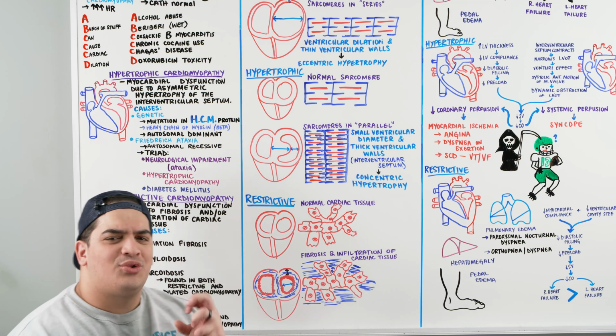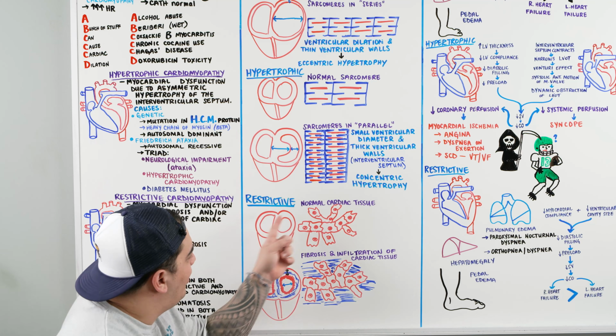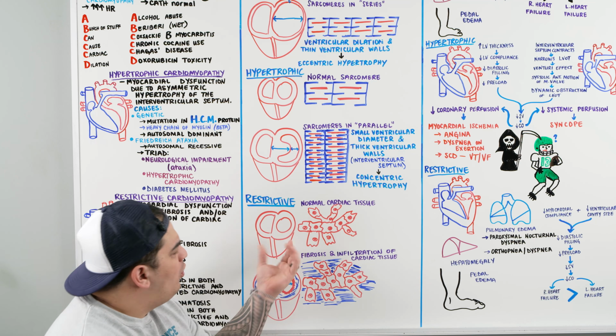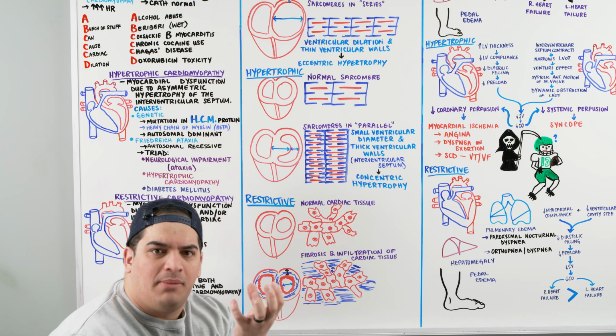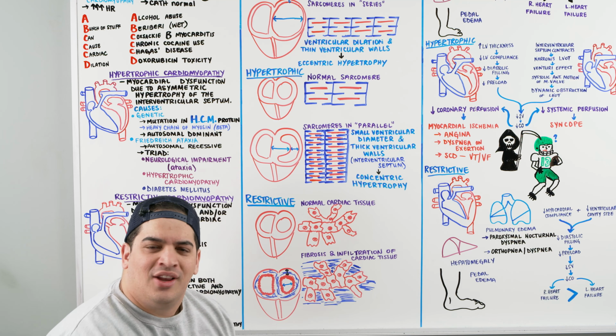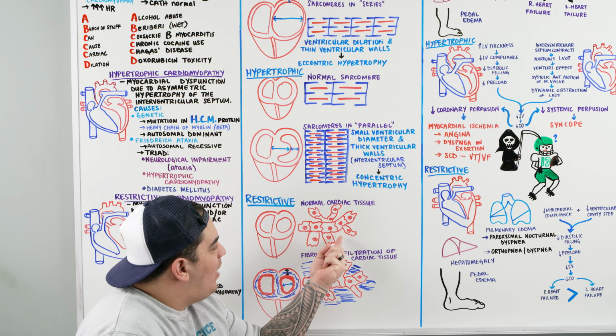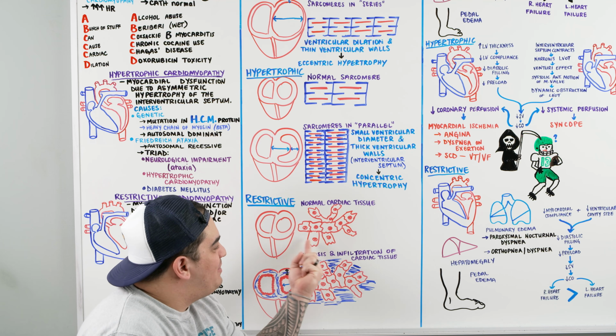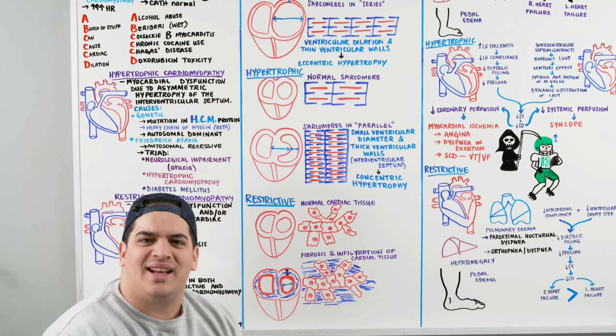All right, let's talk about restrictive cardiomyopathy, the last one. Take a look here. Normal ventricular myocardium. When you look at the cells that make up that myocardium, these are your beautiful cardiac cells. You have normal interstitial spaces between the cardiac cells, and you see how the cardiac cells look nice and healthy?